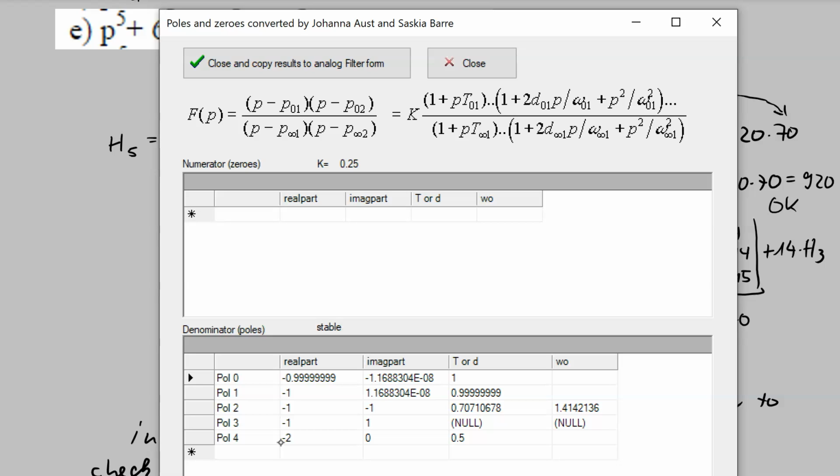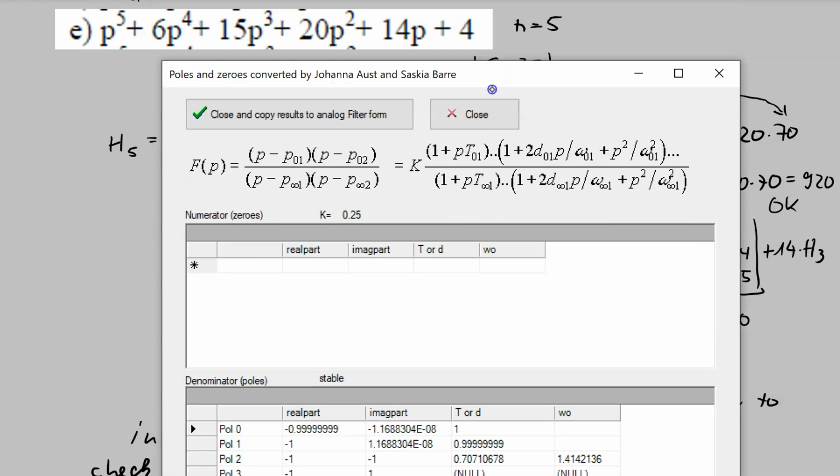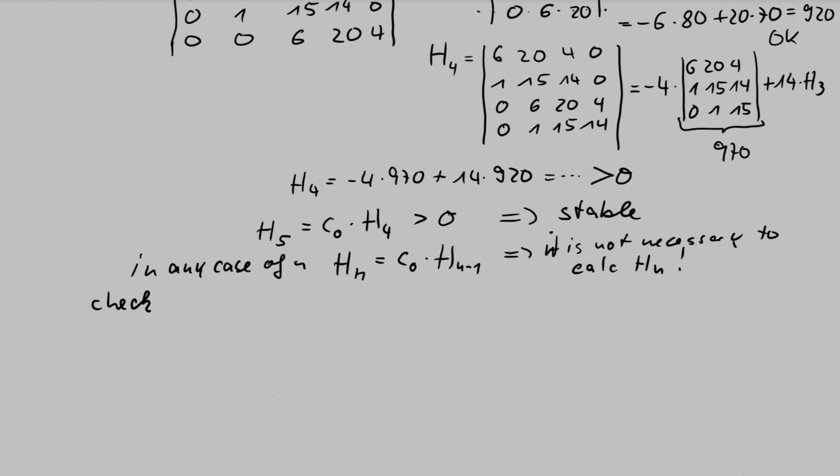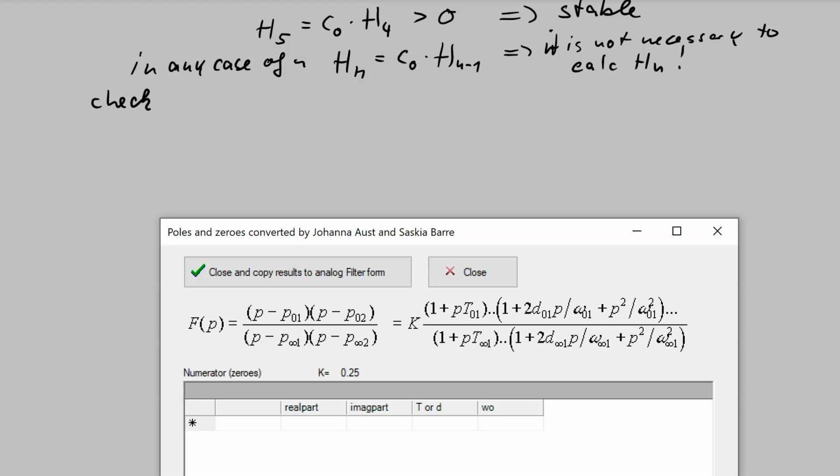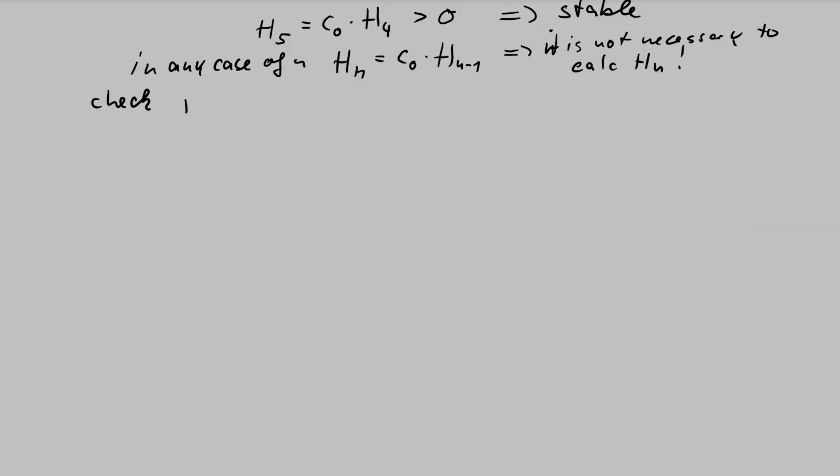So I just write this down in my paper. Check. The poles are: the first pole is -1.